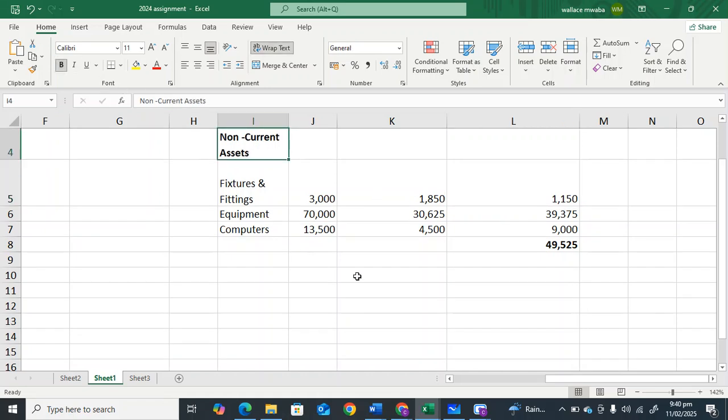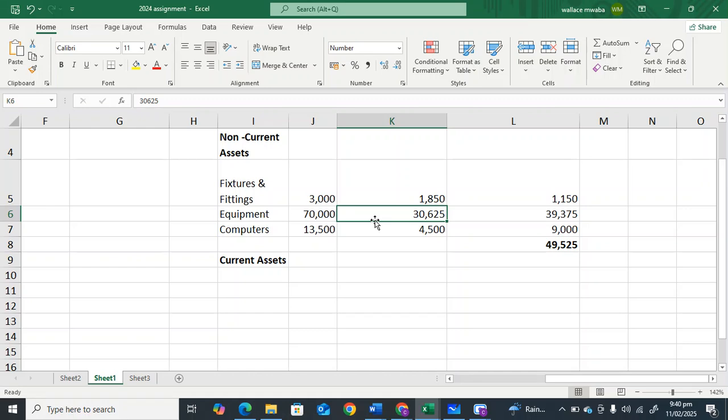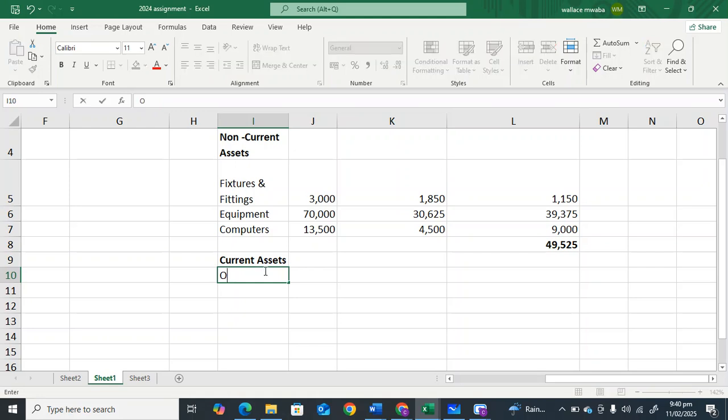After we're done with our non-current assets, we come to our current assets. First one, closing inventory.